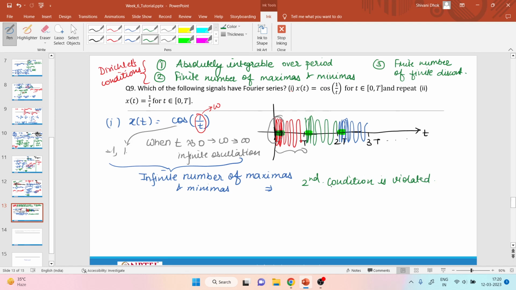And therefore the Fourier series for this won't exist. No Fourier series.